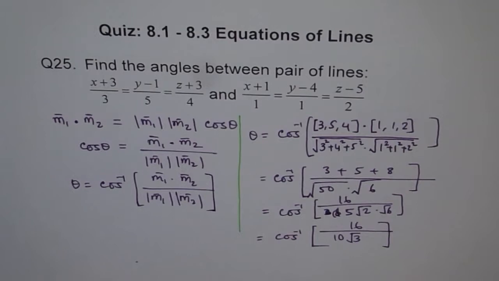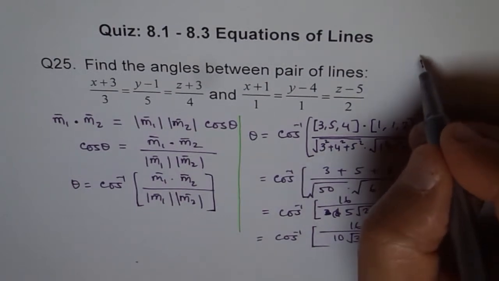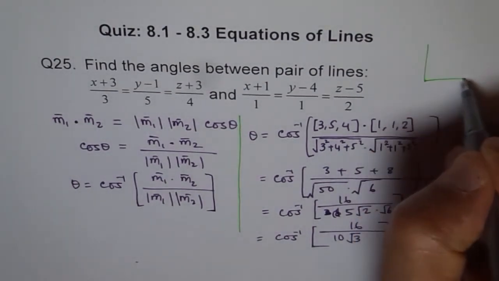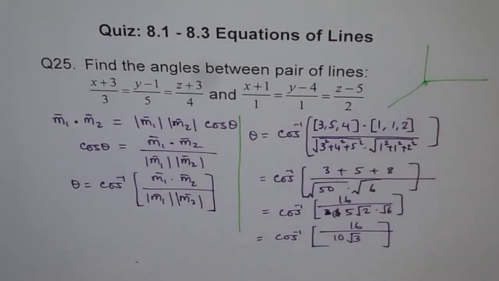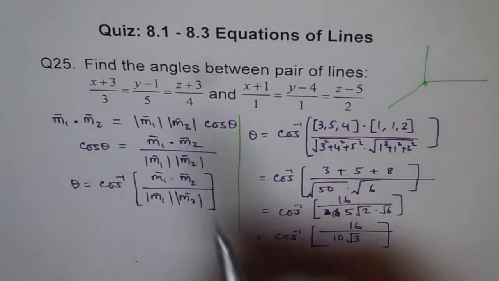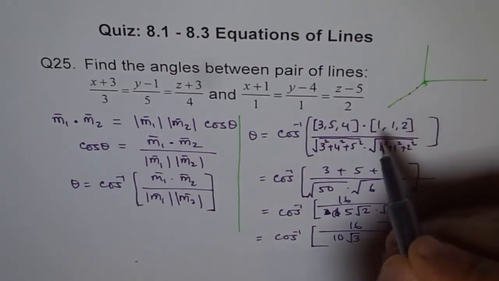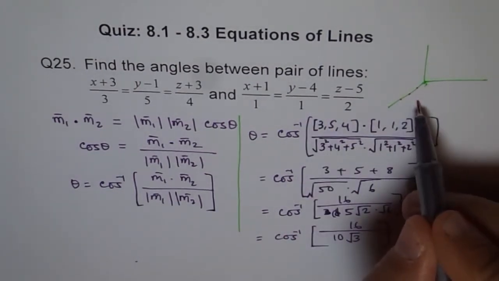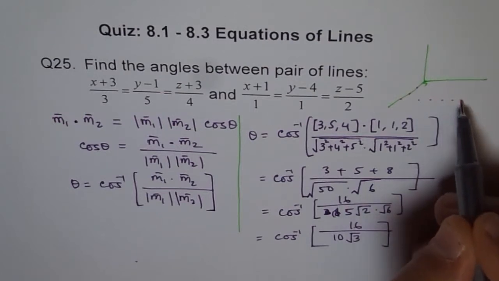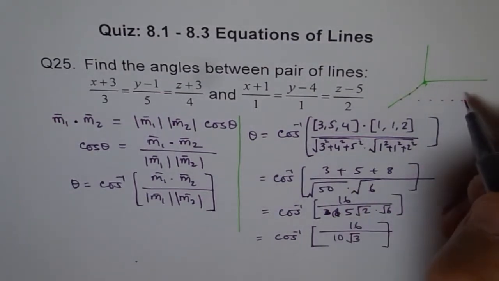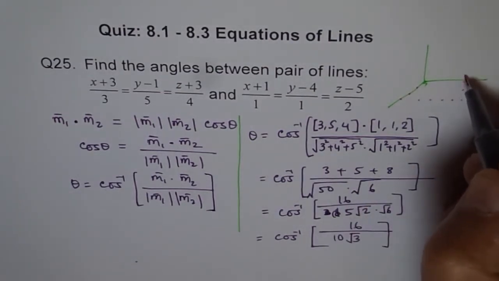Remember one thing when you're doing these lines questions. Let me make a rough sketch here. Now one of the lines is 3, 5, 4. 3, 5, 4 means 3 along the x-axis, so 1, 2, 3, and then 5 along y, so 1, 2, 3, 4, 5, and then 4 up, so 1, 2, 3, 4.